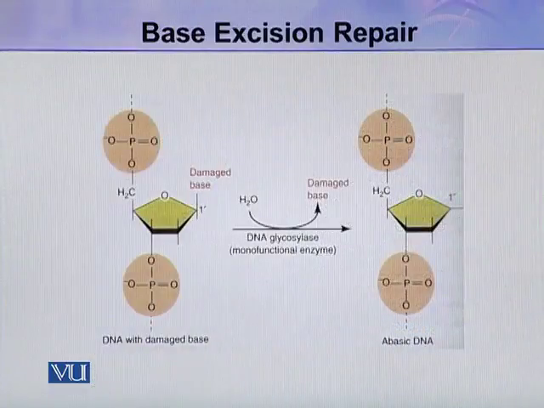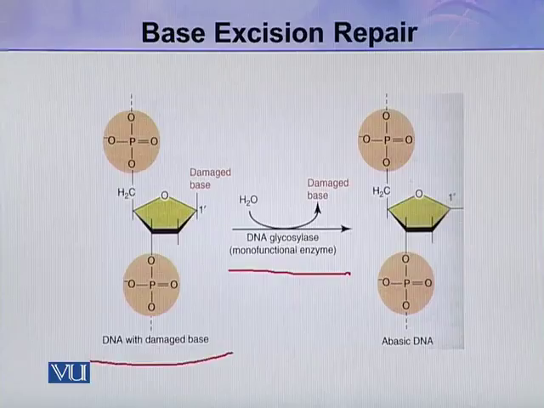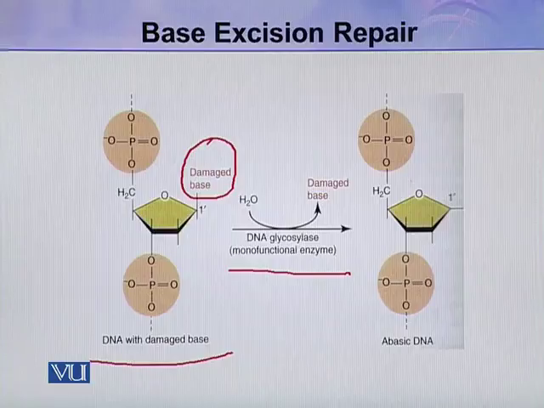Here you can see the reaction catalyzed by DNA glycosylase, which is a monofunctional enzyme. This is a DNA with a damaged base, which is linked to the sugar through this glycosyl bond.